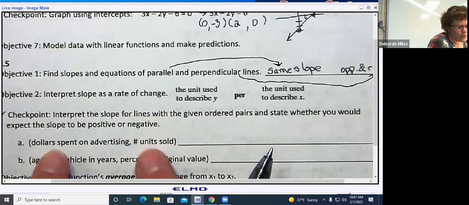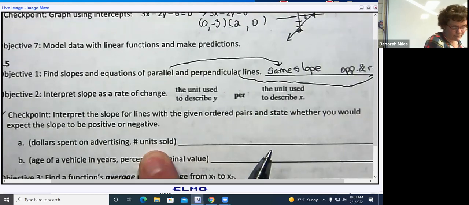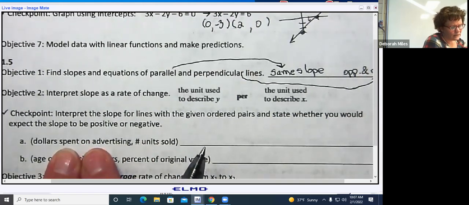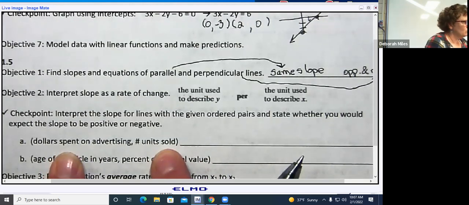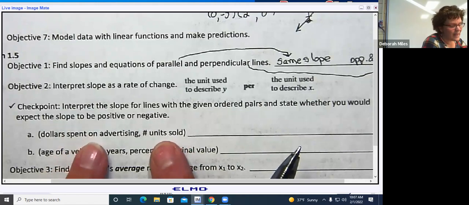If I found the equation of that line, would you think it probably would have positive slope or negative slope? The more I spend on advertising, what's probably going to happen to the number of things I sell? I would expect that the more I spend on advertising, the more units I'm going to sell. So that would be positive slope.